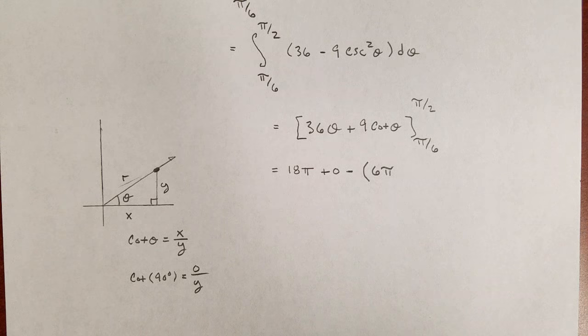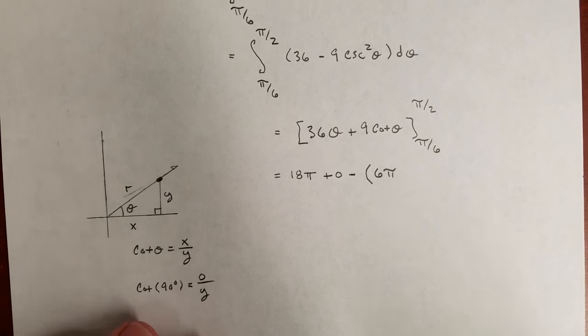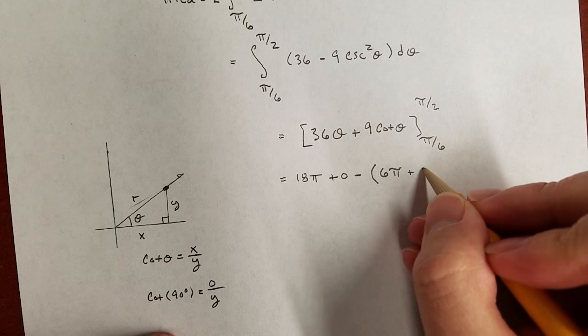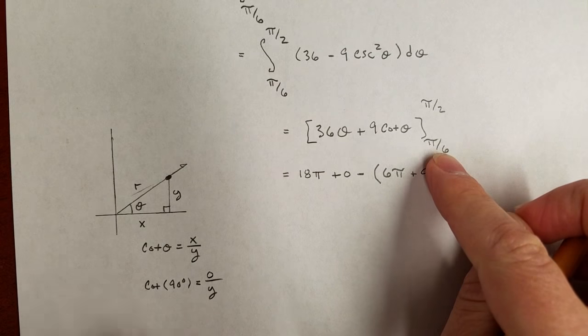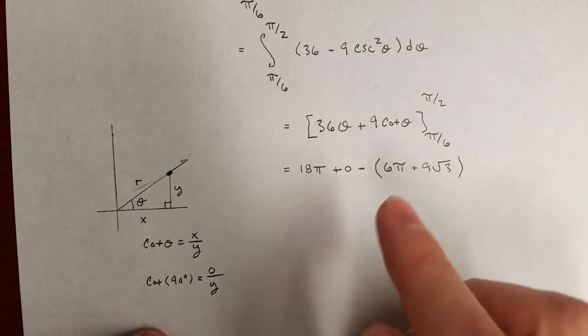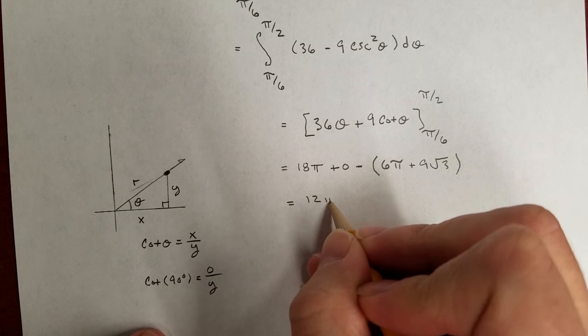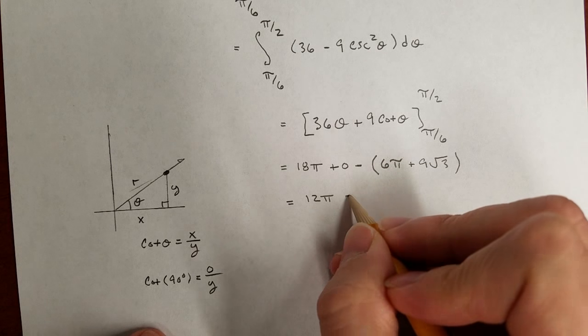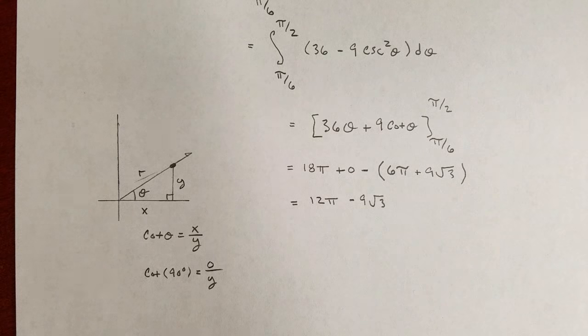Tangent of 30 degrees is 1 over root 3, so cotangent of that is root 3. So I get 9 root 3. So 18 pi minus 6 pi gives 12 pi, and minus 9 root 3. The answer is 12 pi minus 9 root 3.